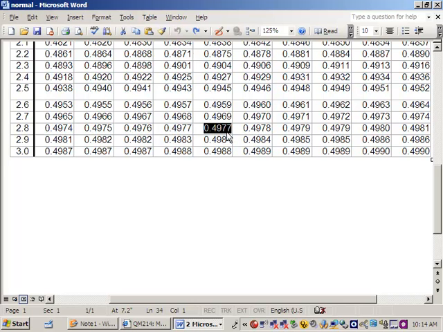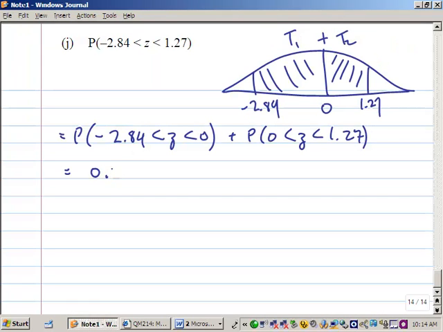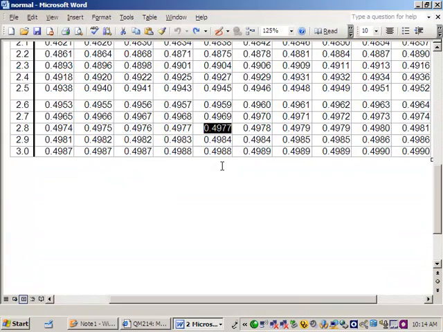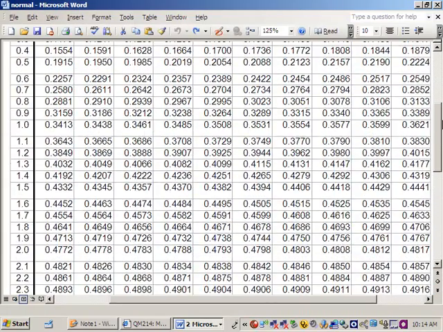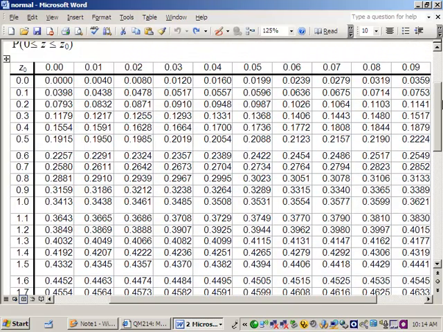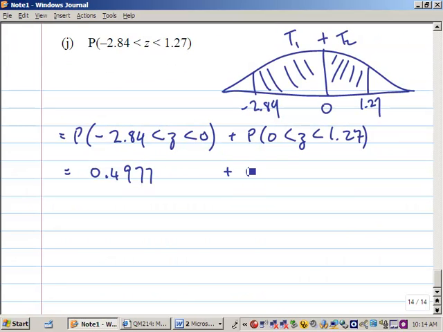So over here, 0.4977. Plus the area from 0 to 1.27. 1.27 is over here, and that's 0.3980. And my calculation tells me that's 0.8957.